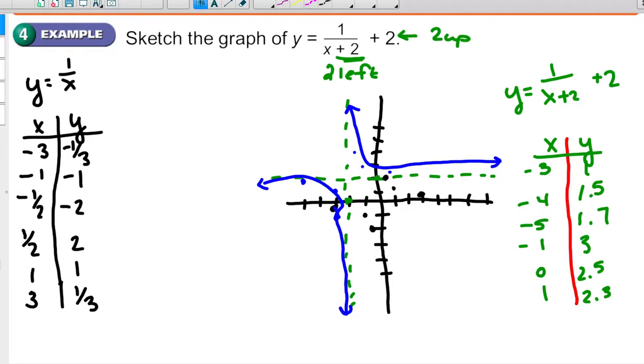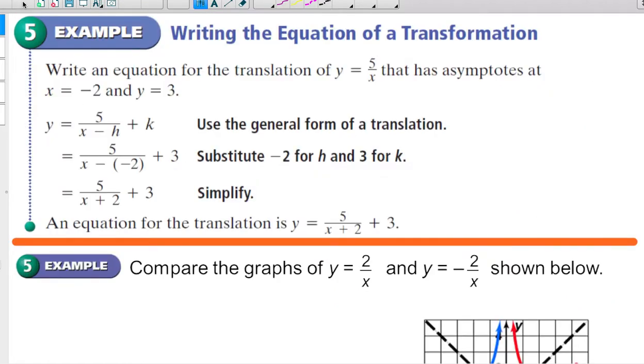Okay. All right, final example that we have is now writing an equation given the transformation. So in the textbook example, it says write an equation for the translation of y equals 5 over x. So that is our parent function. So that means we are going to do y equals 5 over x minus h plus k.